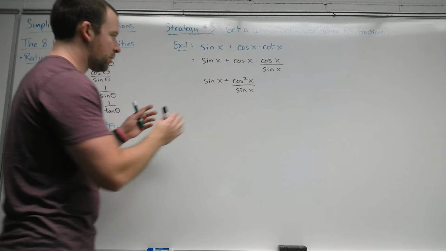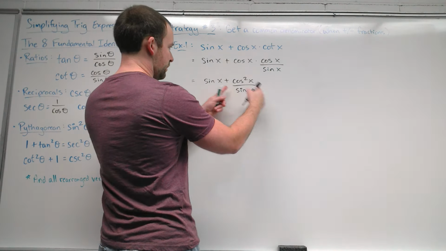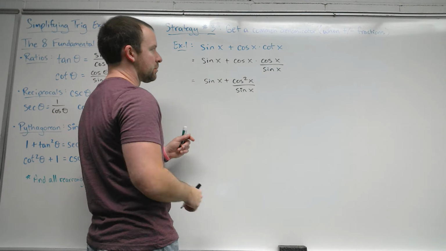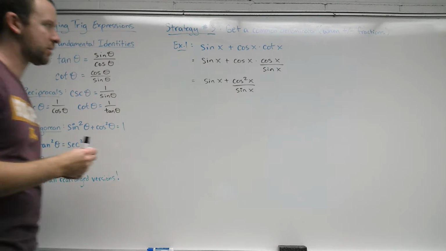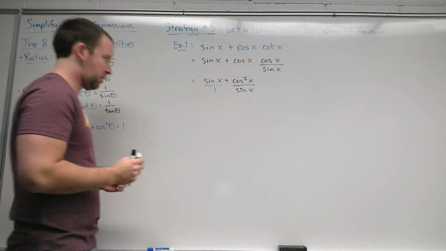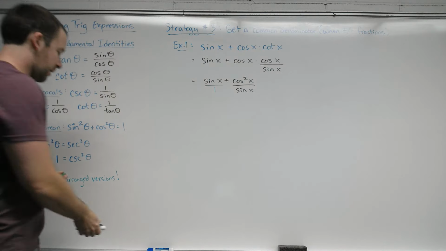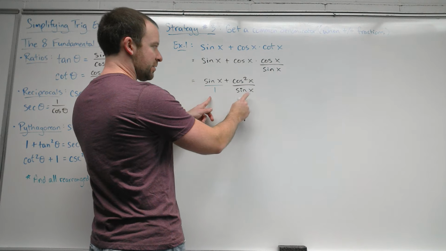Okay, so in order to add this to this, because it is adding, not multiplying, this is where this comes in. We're adding two fractions, even if they don't look like fractions yet. I can put this side over 1, and I want a common denominator. To get a common denominator is pretty easy here because the only denominator I have is a sine.